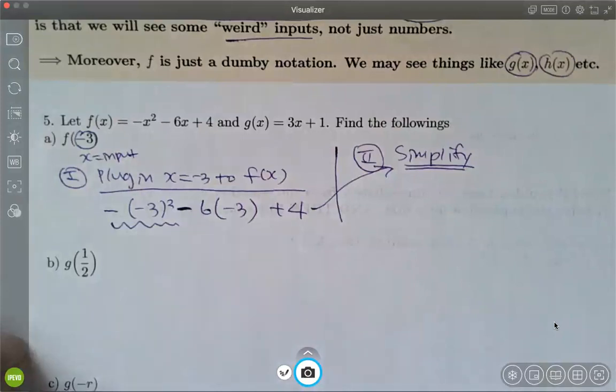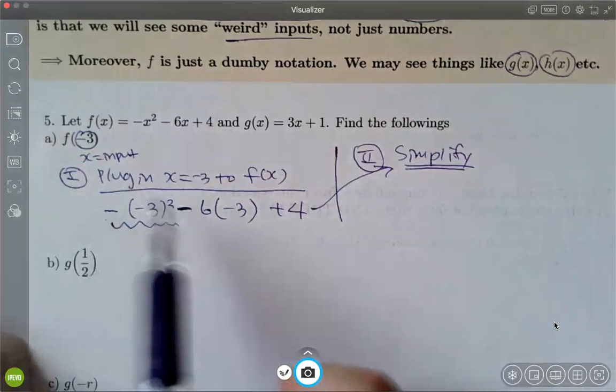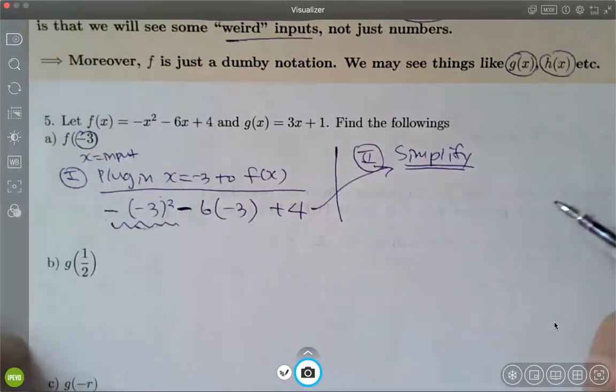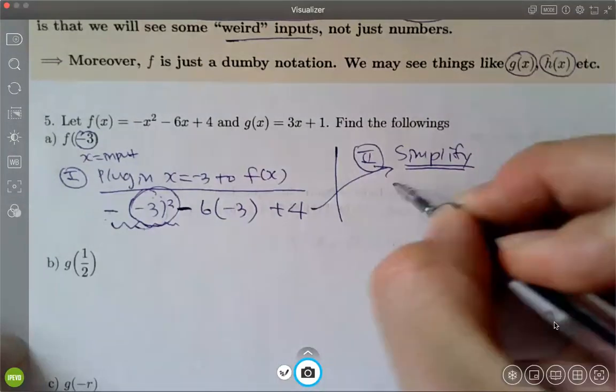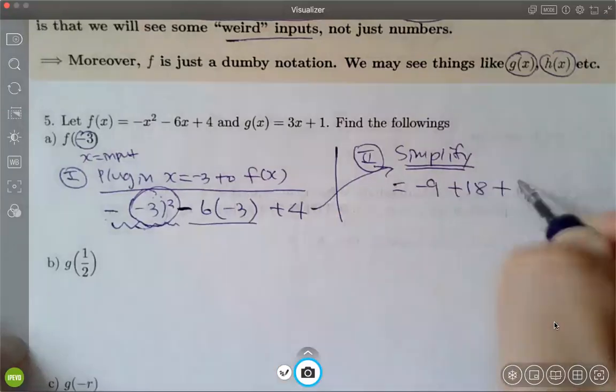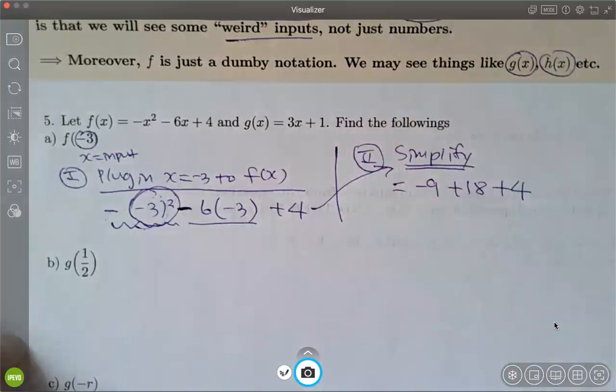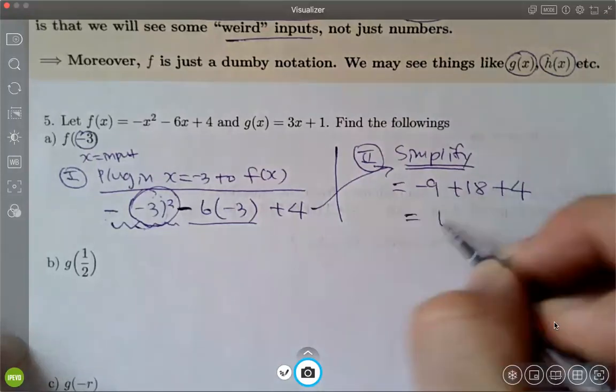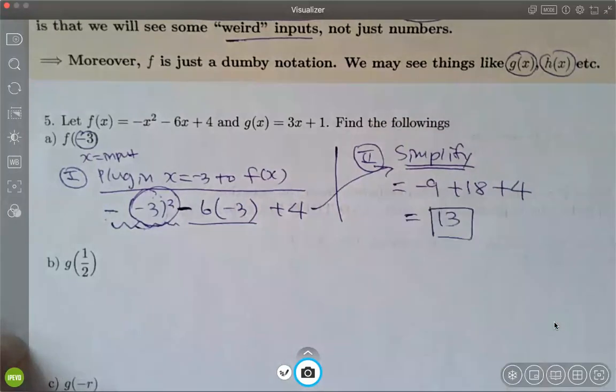The negative sign outside or the exponent? According to PEMDAS, we take care of that first, right? Which is +9 and then negative, right? So it's -9. And then the next one is +18 and then plus 4, right? So what is this equal to? -9 plus 18 is 9, plus 4, 13, right? Okay, so that is the output for the input, -3.